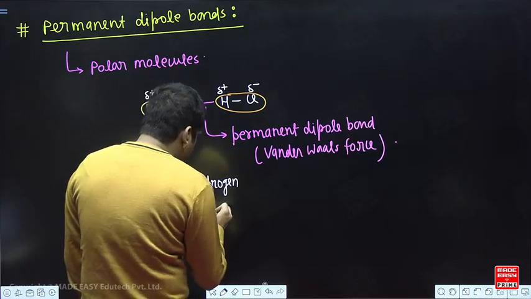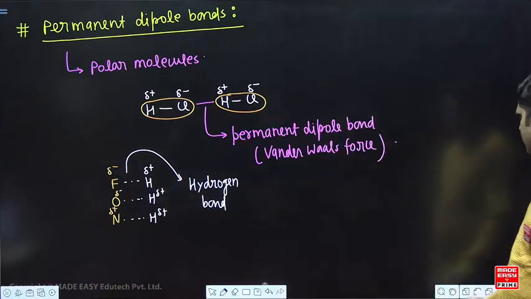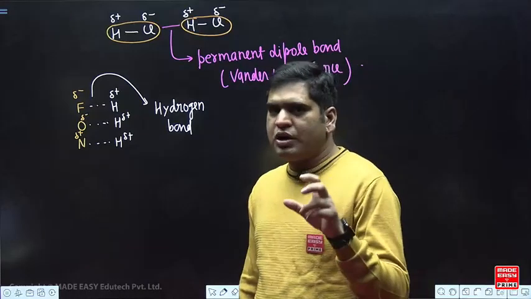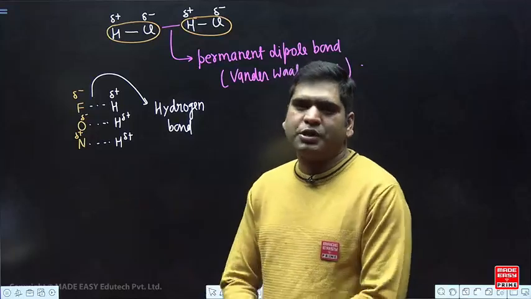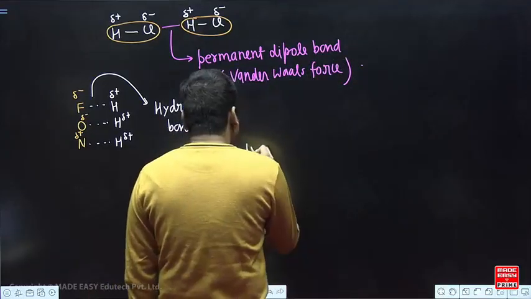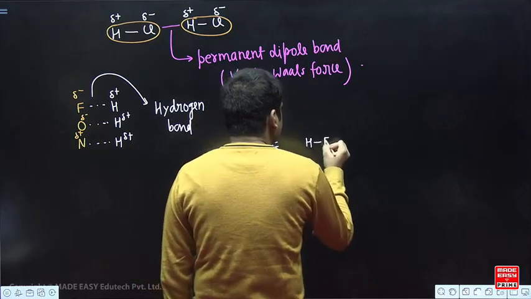So hydrogen bond is a special case of dipole bond where the bonding is taking place between one fluorine, oxygen, or nitrogen atom of one molecule to the hydrogen atom of another molecule. For example, let us suppose it is HF and it is HF.